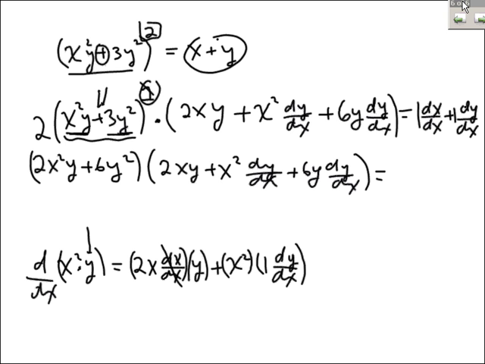And this is equal to, on the right-hand side, the dx cancels, and we get 1 plus 1 times dy/dx, which is just dy/dx. Okay, the calculus is done. Now the messy part, the algebra.